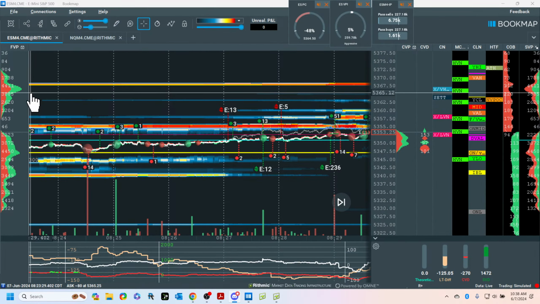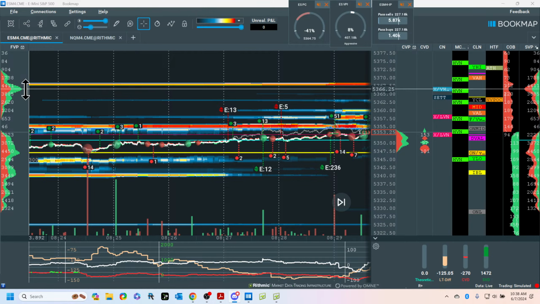This level here, before the report, was a fair price. In the auction world, and this is auction market theory, using a volume profile to see price and volume, it's not an indicator, it just tells us what the participants felt was a fair price at some time, either currently or in the past.